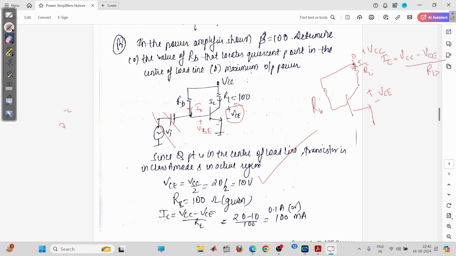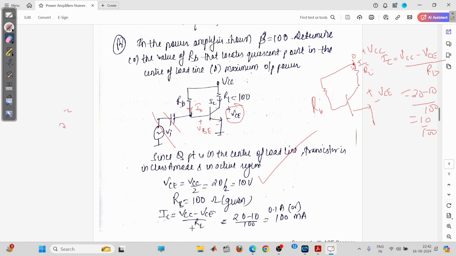You can see that the current is flowing from VCC to VCE, from higher to lower potential. So VCC minus VCE is 20 minus 10 upon RL, that is 100. So 10 upon 100, I think you are going to have 100 milliampere as the IC current value.